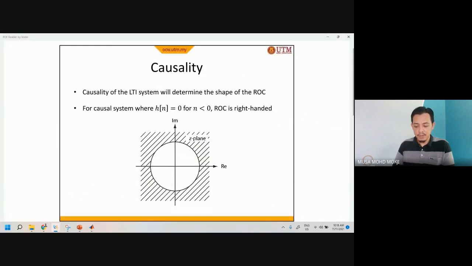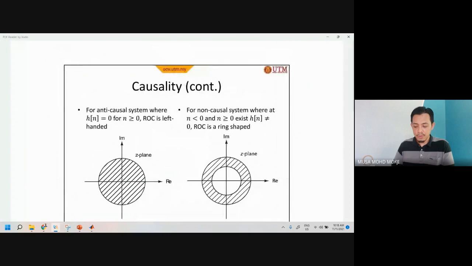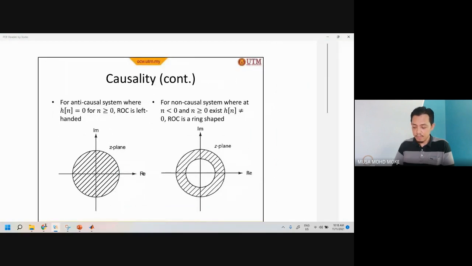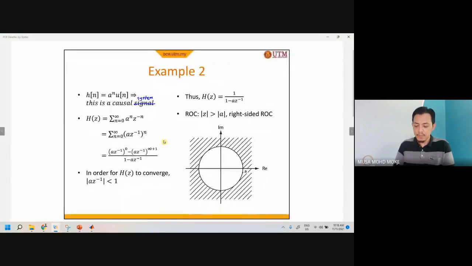There are a few examples on this causality. In this example, where h[n] equals alpha to the power of n u[n], we will get the ROC, |z| greater than |alpha|. So when it is greater than, you should have a causal system.